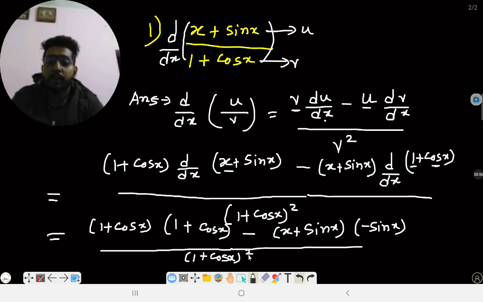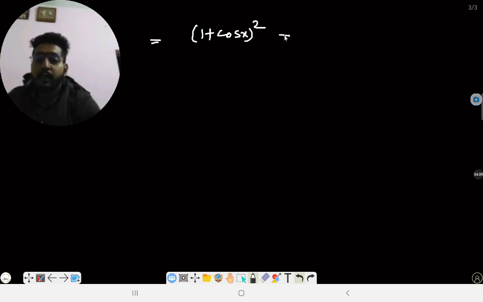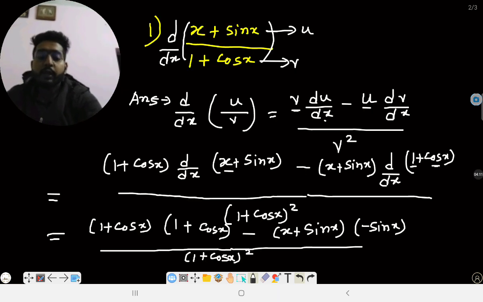Then you have to simplify this one, and from this you will get the result. So how to simplify? Here you can see the numerator. What is the numerator here? The numerator is 1 plus cos x whole squared minus, now look here, it is x plus sin x into minus sin x. So minus minus will be plus.